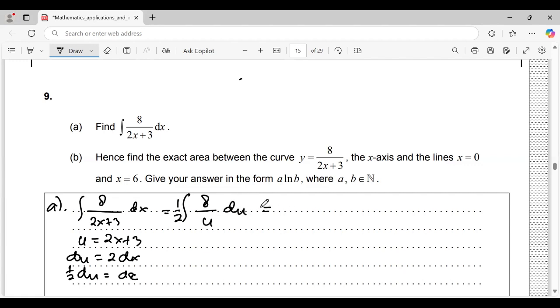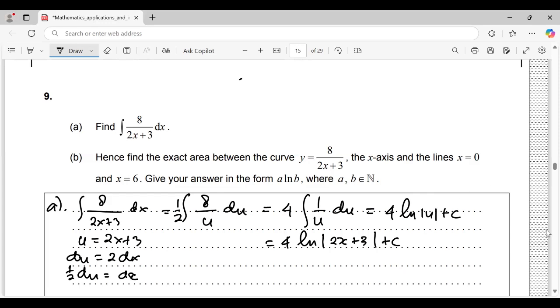Or 8 times 1/2 is 4, times 1 over u du, and this is 4 ln u plus c, or it is 4 ln of 2x plus 3 plus c.